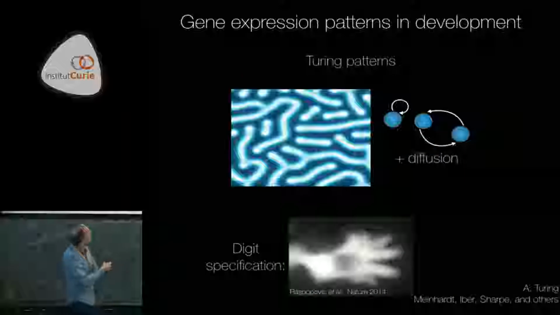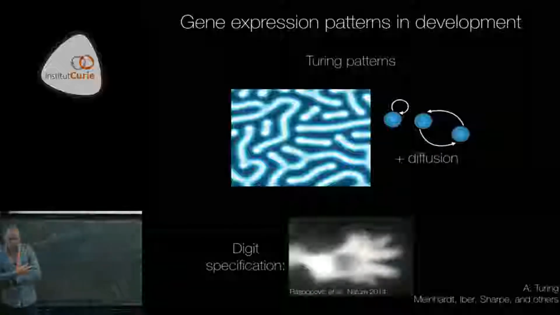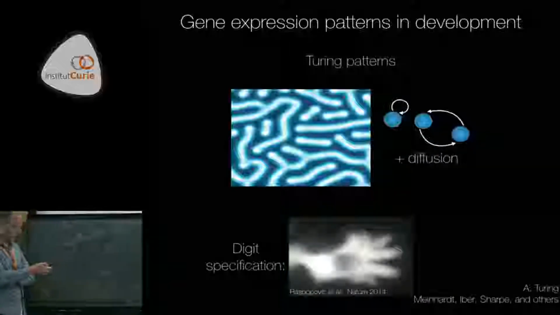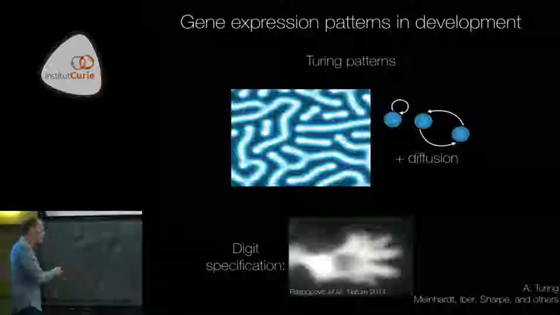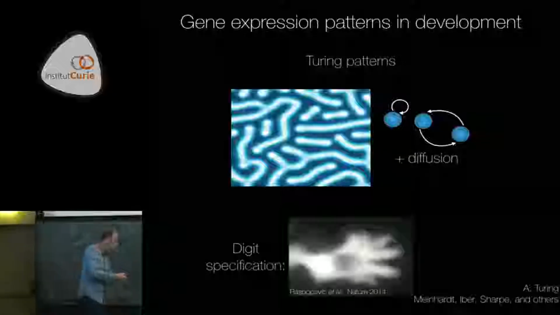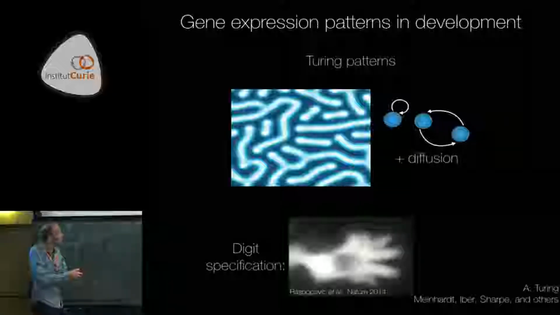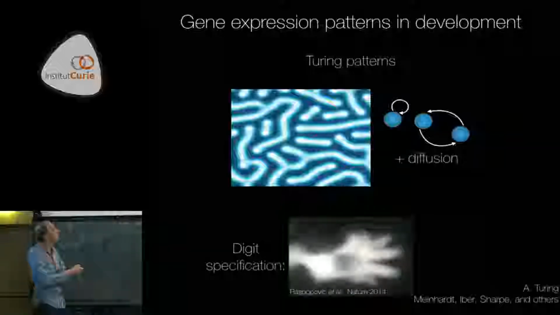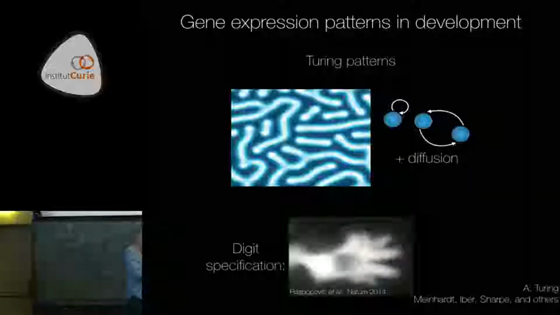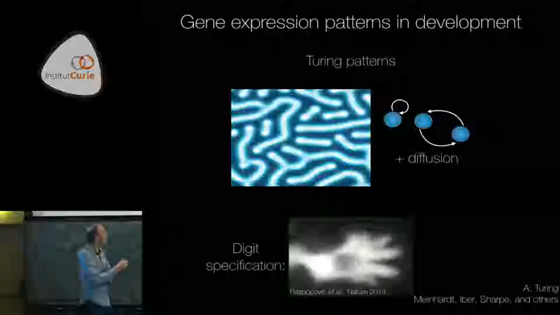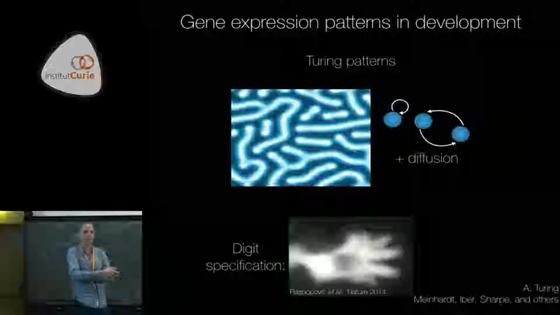So in contrast to those types of models of developmental pattern formation, we have also this class, which is of course put forward most by Alan Turing in essentially his famous 1952 publication. So here what we have is local interactions between molecules that can diffuse and react with each other.